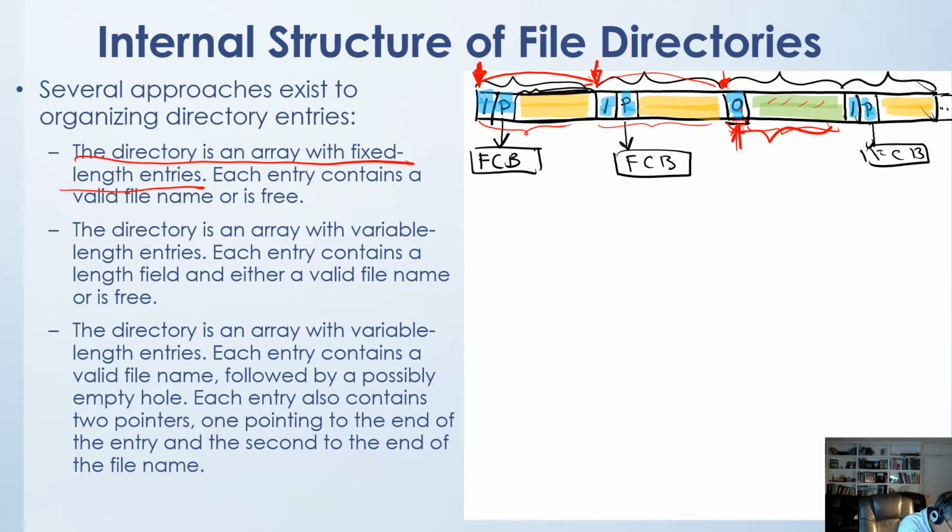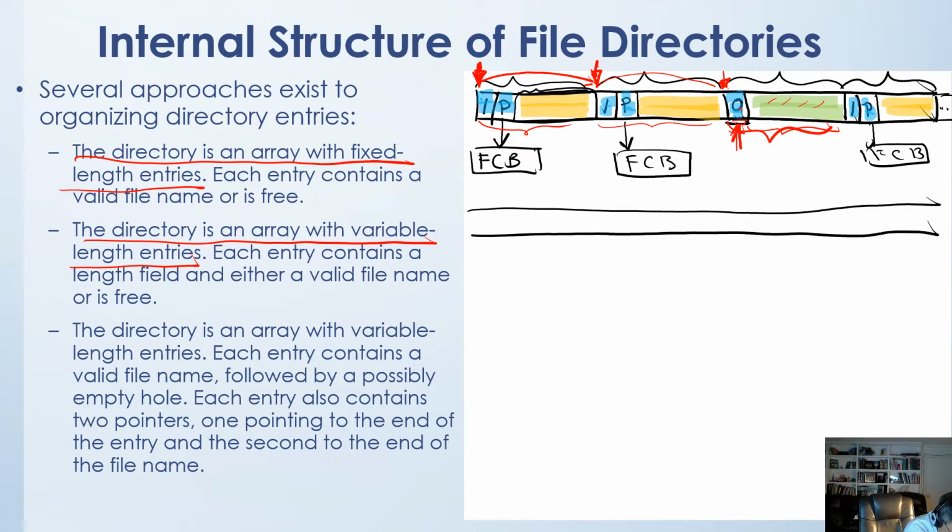Now the second approach, the directory is an array with variable length entries. So in that case, the first one is longer, the second one is smaller, bigger, smaller, dot dot dot. Now the first entry is bigger than the second entry, right?